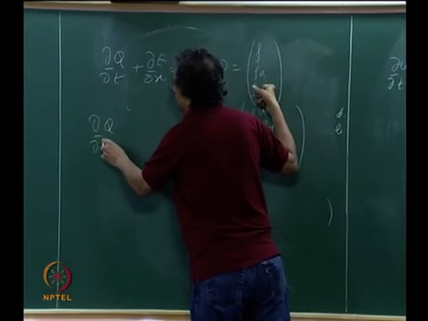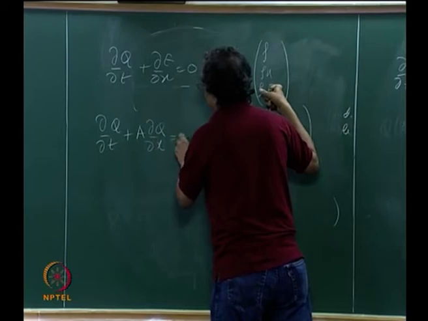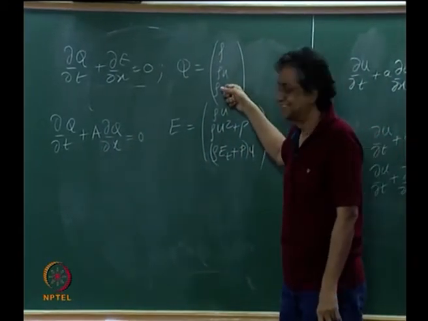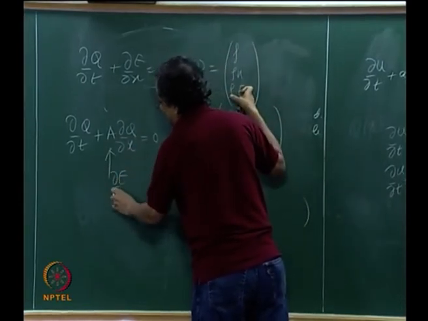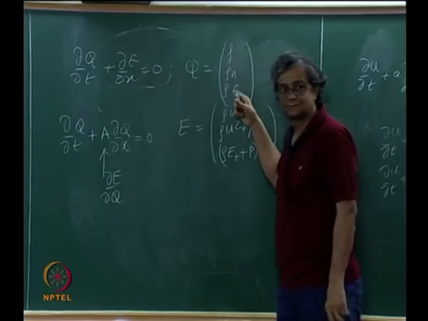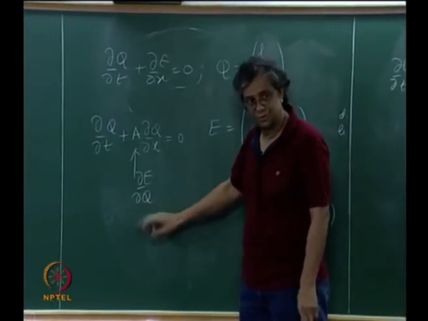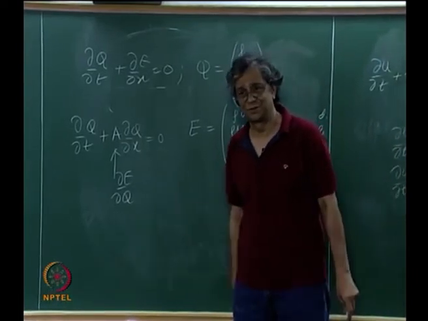So you can still write this in a non-conservative form in sort of a desperate attempt to make it look like the linear wave equation, right, where this term, the flux Jacobian, is ∂E/∂Q. And then we said, oh, the system is coupled, isn't there something that we can do to decouple it?